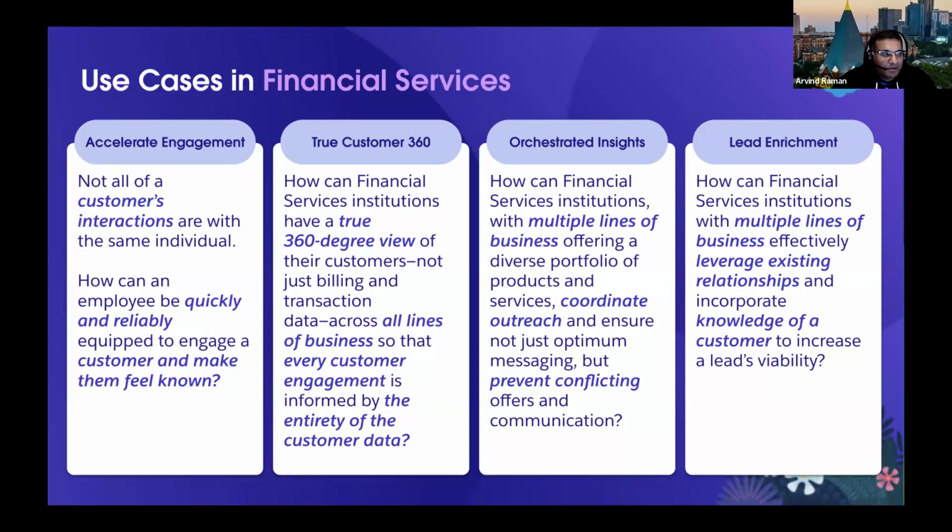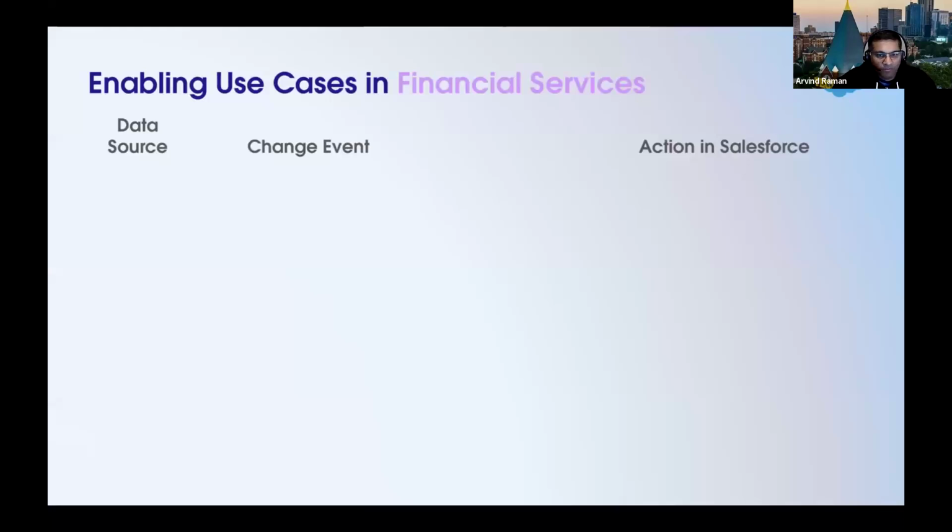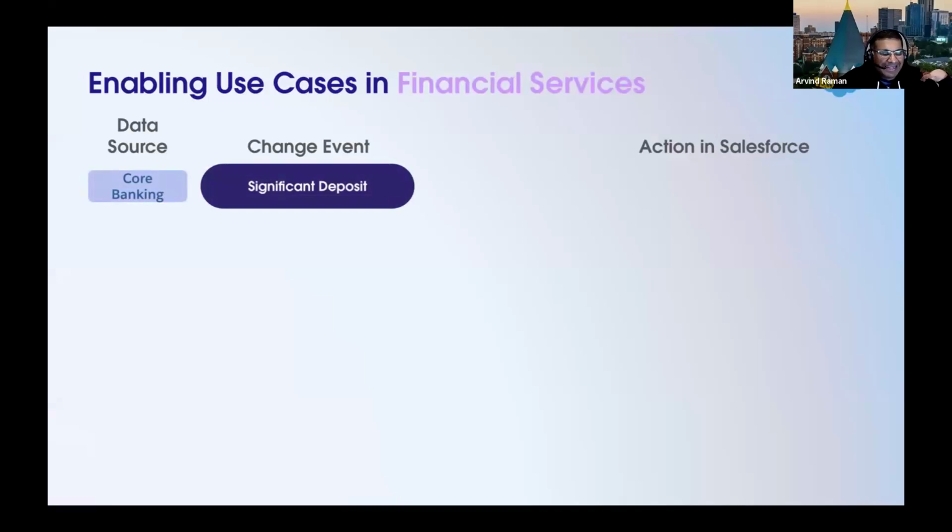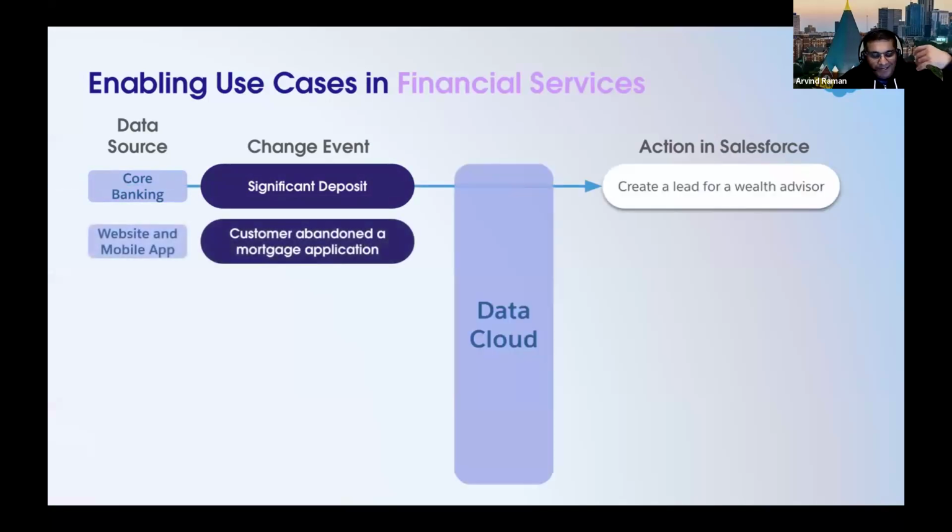So let's look at how that translates in terms of use cases with Data Cloud. In core banking systems, if you see a significant deposit event happening, the action can be to create a lead for a wealth advisor.